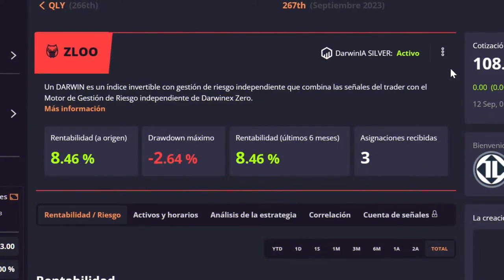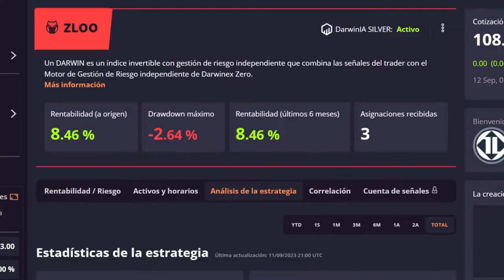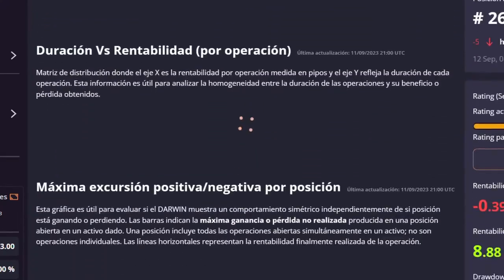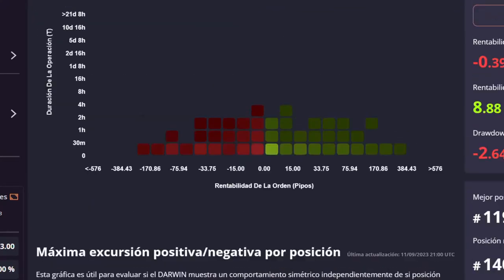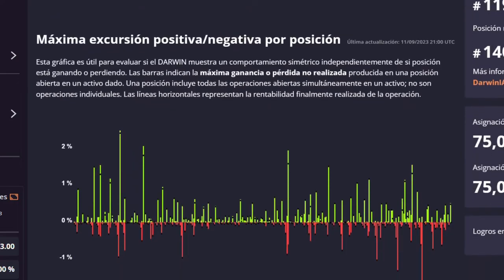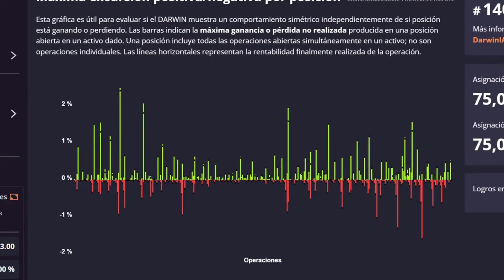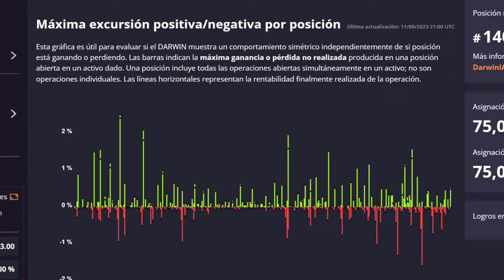You can monitor this in the maximum positive or negative drawdown section of the Strategy Analysis tab. That is, the size of the red bars, the loss bars. The larger these bars are, the greater the risk we have been assuming at some point during the operation, regardless of whether the operation ended up closing with losses or profits.